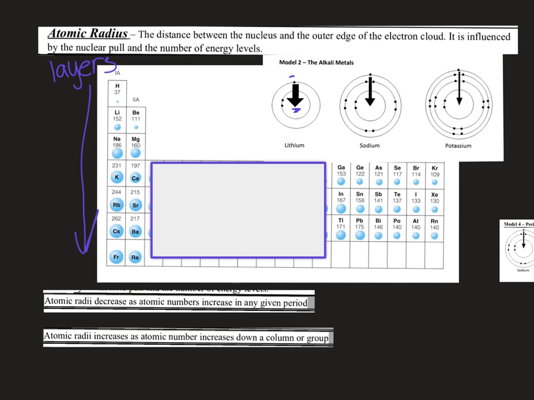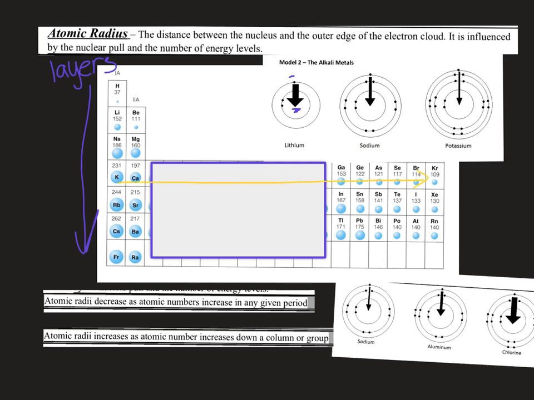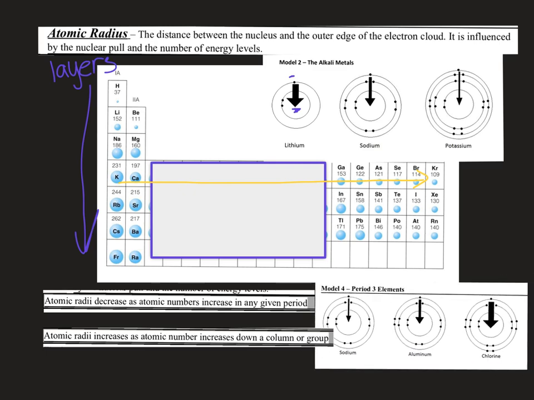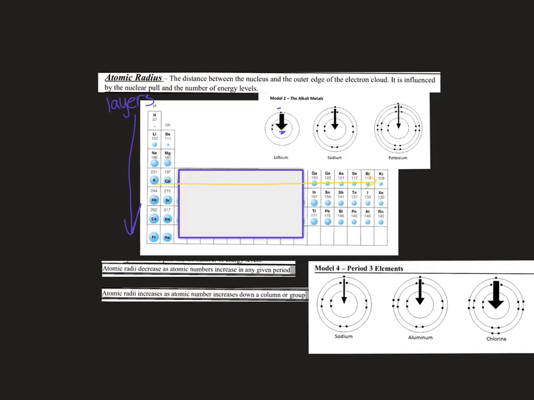When we move across, we're going to be decreasing in size. And just a reminder from what we just saw on the last page, as we move across the period, the idea is that we are going to have more protons.